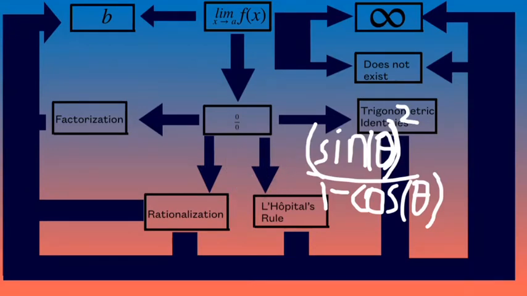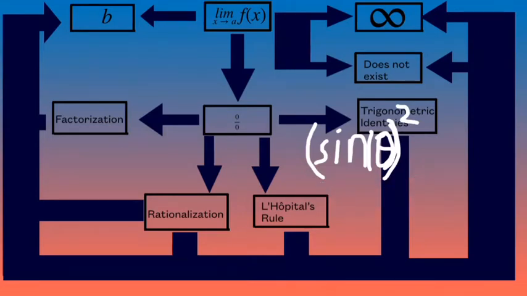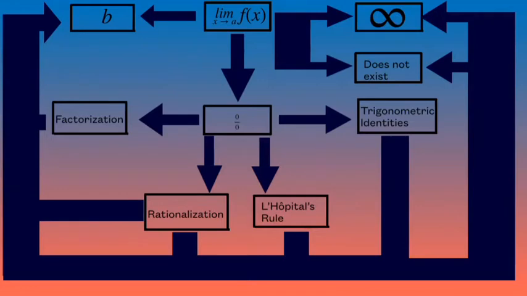And next is rationalization, which is basically the same thing as factorization. Well, sometimes. Sometimes it's better than factorization. It really depends on the problem you're trying to solve. But in this example, we could use both.